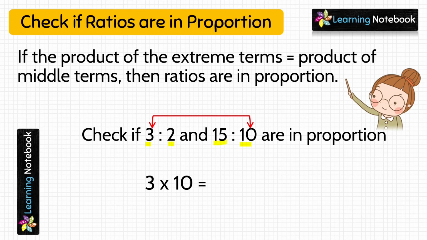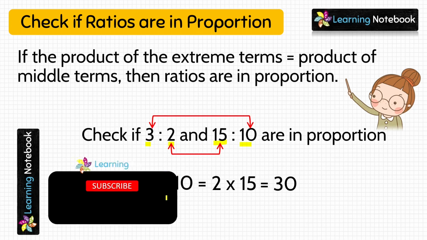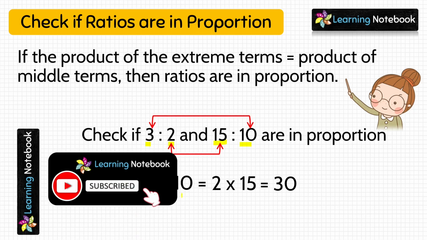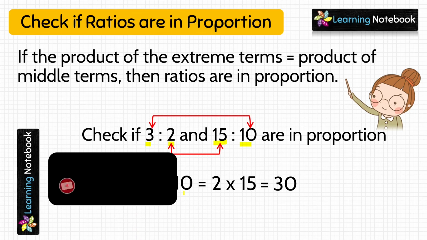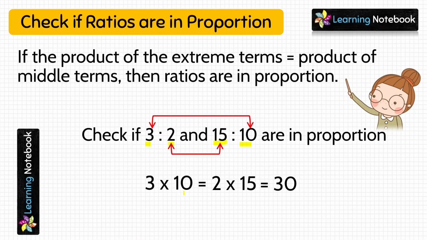Yes, 2 and 15. So their product is 2 into 15, which is also equal to 30. So here we found that product of extreme terms equals product of middle terms. So it means these ratios are in proportion. So this is how we can check if ratios are in proportion using terms.